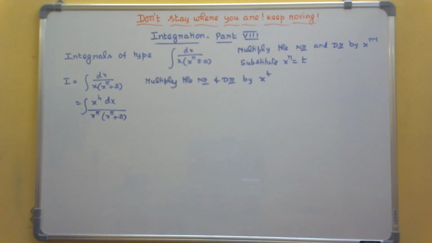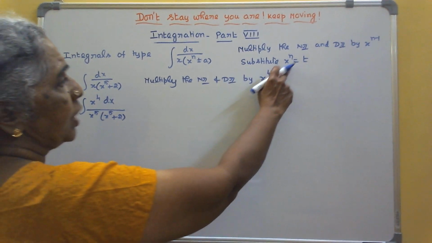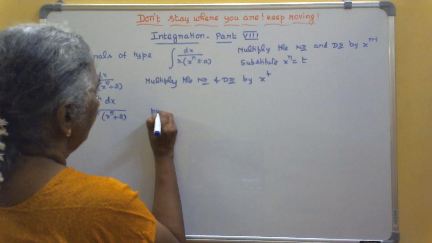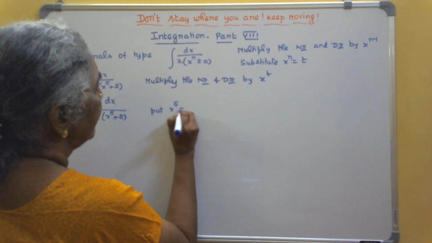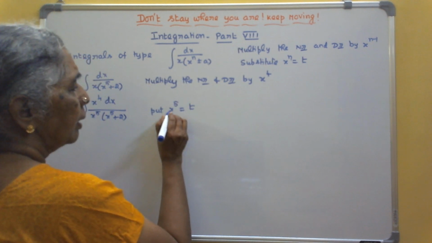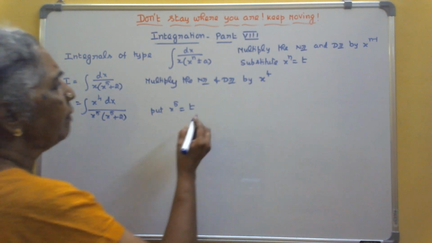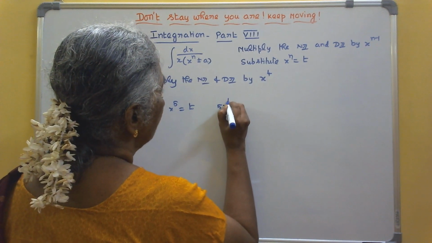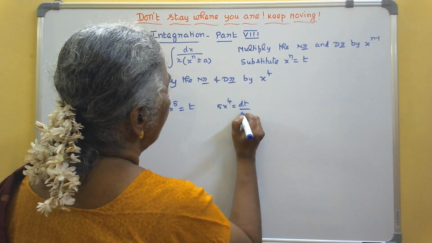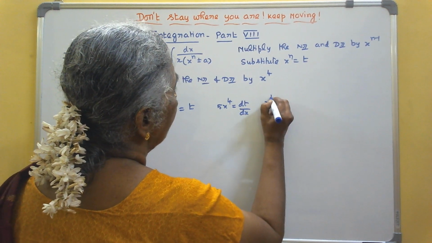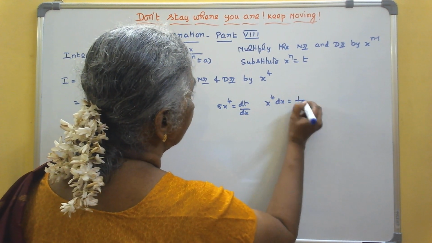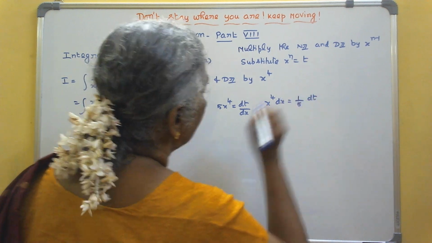Okay? Now we have to substitute x power n as t. So put x power 5 is equal to t. Now when you differentiate, what will you get? 5x power 4, that will be equal to dt by dx, or x power 4 dx is 1 by 5 dt.